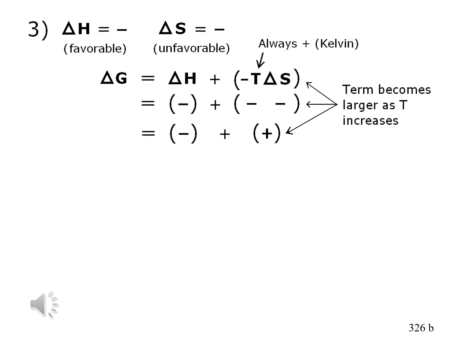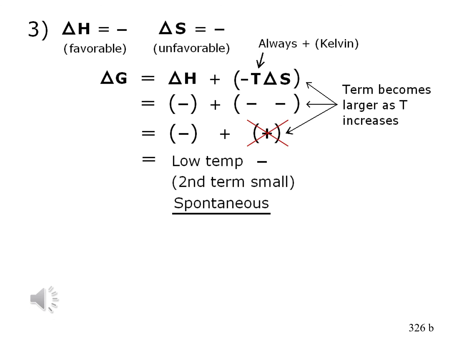If you use a temperature that's very low, below a cutoff that is different for each reaction, where delta G is 0, the second term is going to be negligible compared to the first term, and your delta G is going to come out negative at low temperatures. So at low temperatures, in this case, delta G will come out spontaneous, or negative.